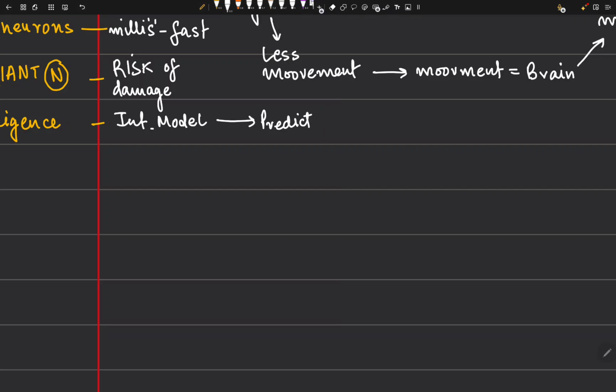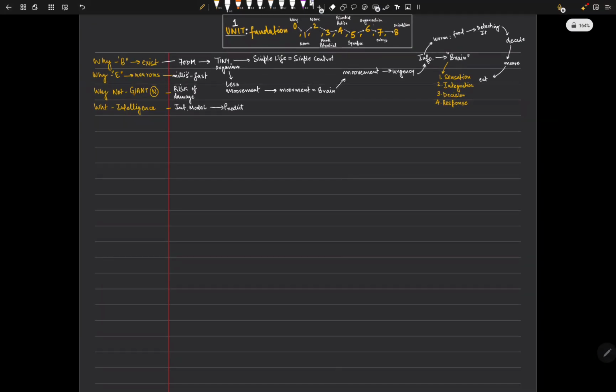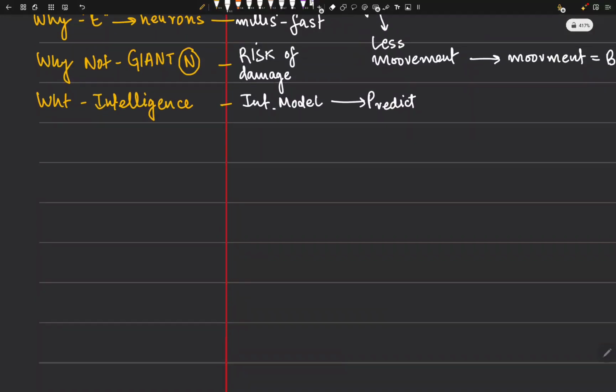Thinking is not intelligence. Using that information of the model of reality that you just experienced, you predict that maybe I should start studying for my exam because okay, maybe I need to. That's called intelligence, right?